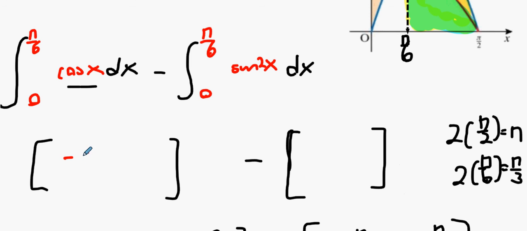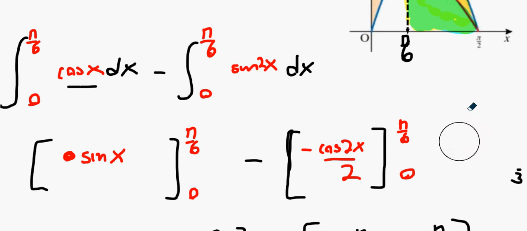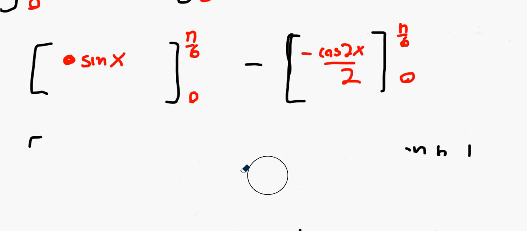No, it's sine x. And this one here is minus cos 2x over 2. You get your pi over 6 and your 0. And then, all going well, going to throw all this in, figure what we get.